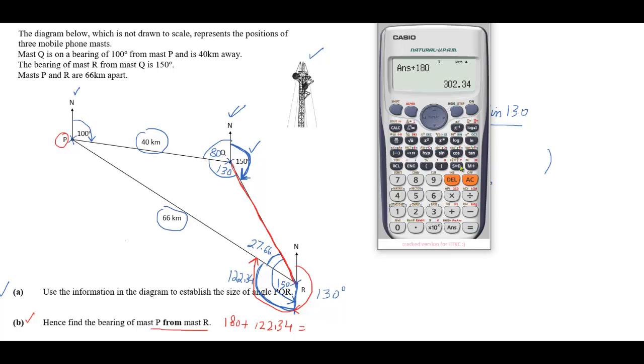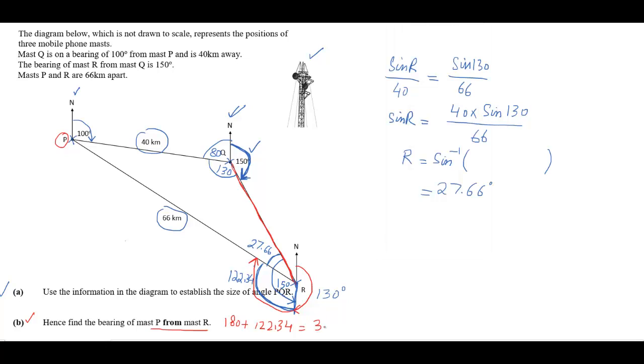It is 302.34. An angle should be rounded to one decimal place according to the Cambridge instructions. So the final answer is 302.3 degrees. This is the bearing of P from R.